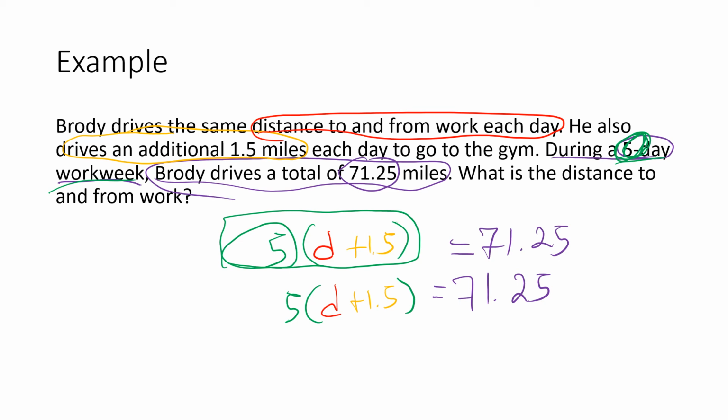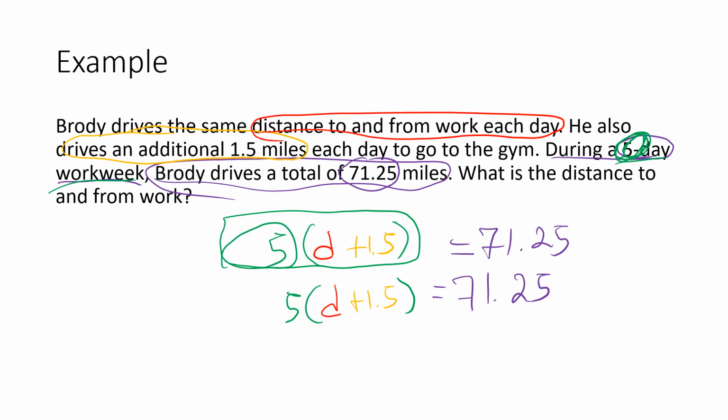Now we just need to solve it. If we get out our calculator and do 71.25 divided by 5, we get a fraction, 14.25. So let's not use that fraction right now. Let's instead go ahead and distribute the 5 into our parentheses and then do the subtraction and division later.